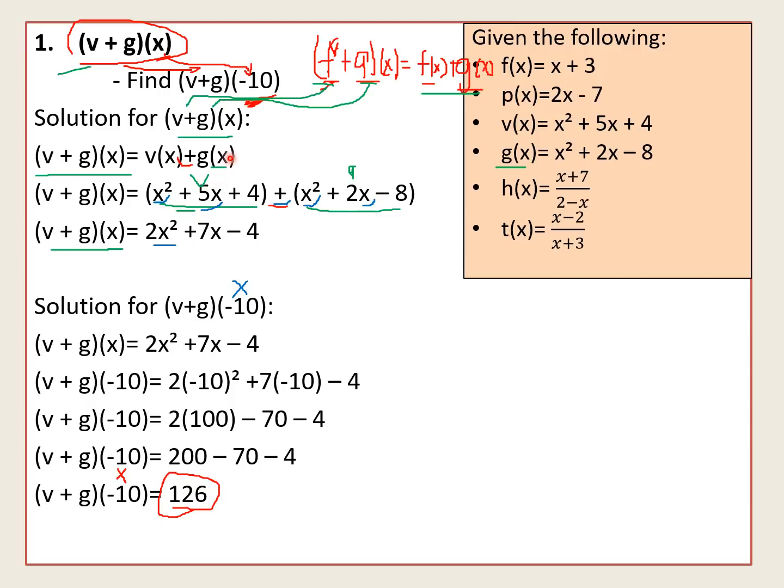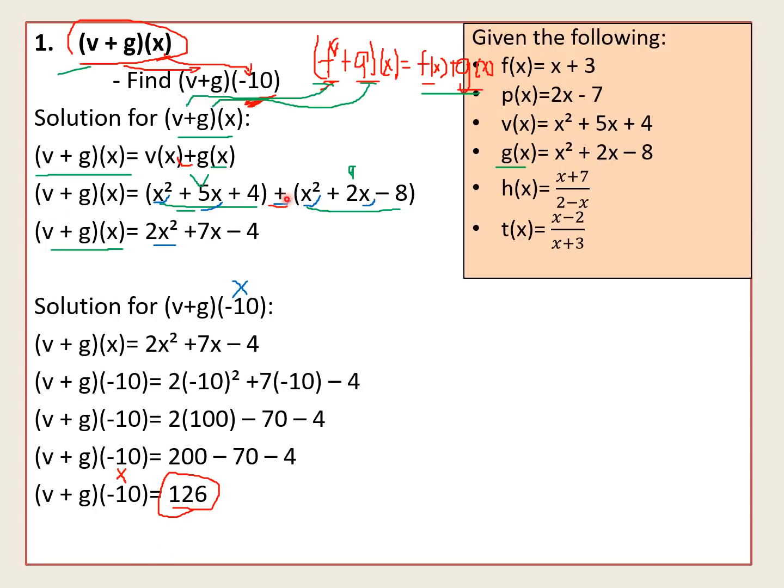According to the definitions, this is the sum. Then, this is the answer we get for the sum. After we get the sum, that's the time we put the value of x into the sum itself. Then, we simplify until we get our final value.